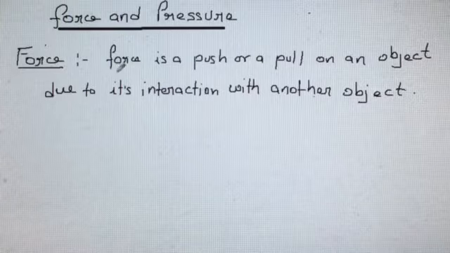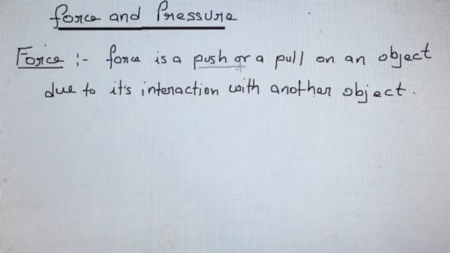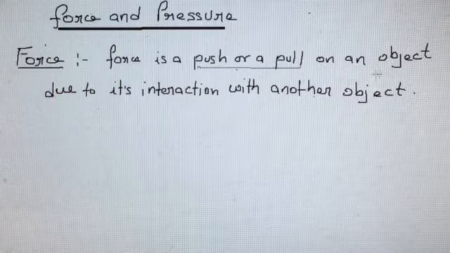Here, force is defined as a push or a pull on an object. This line is too important. Push or a pull on an object due to interaction with another object.